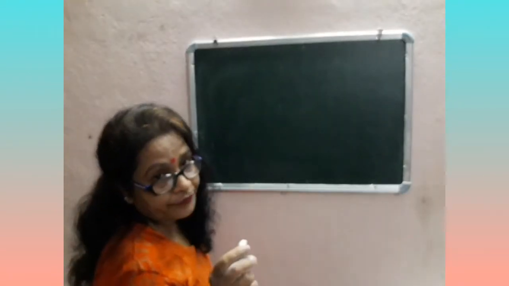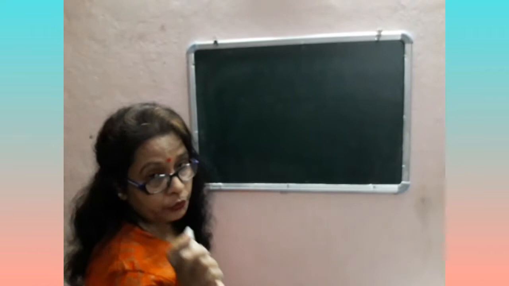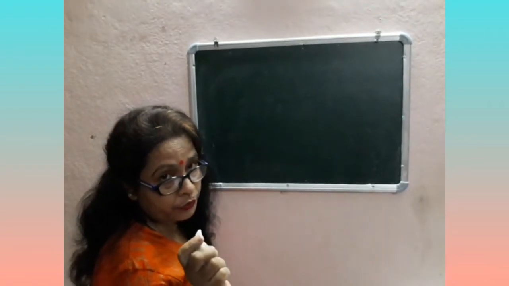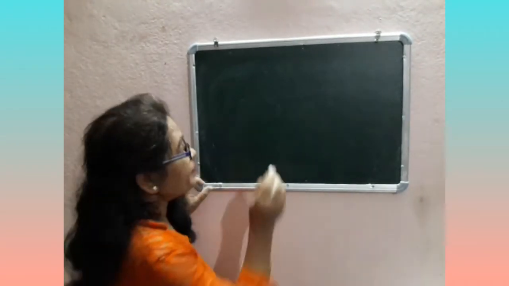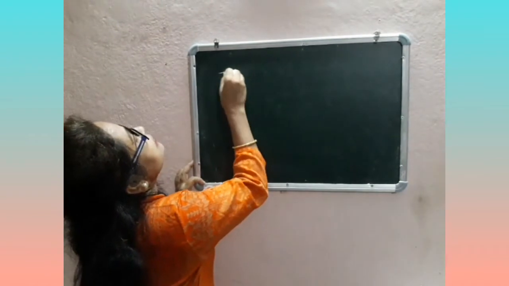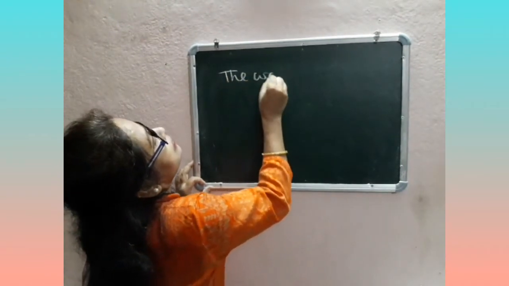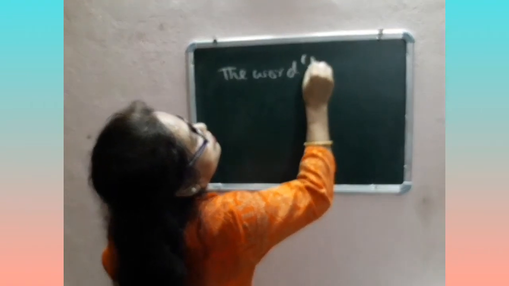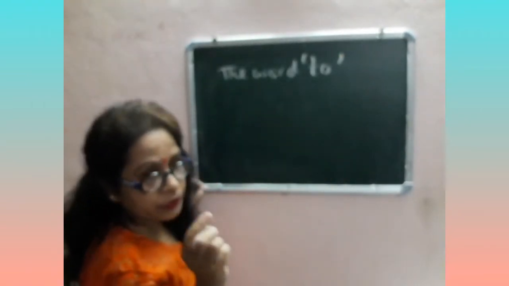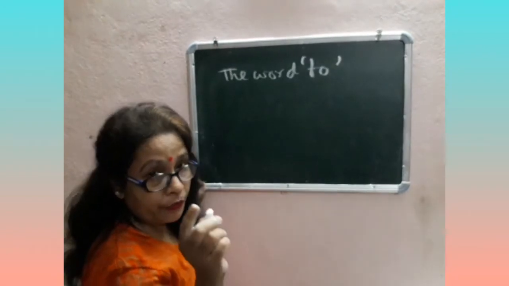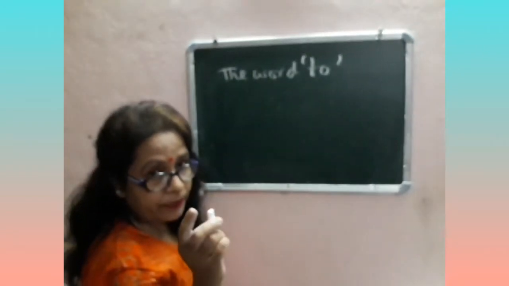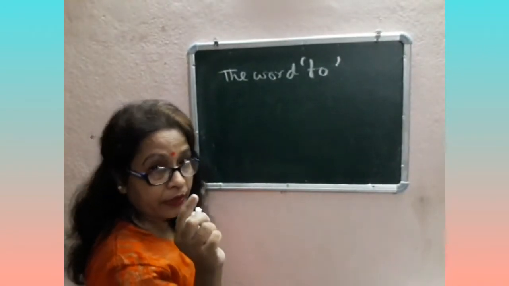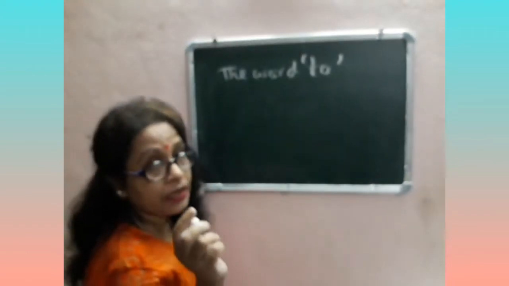In ratio, the word "to" is very important. The word "to" will decide which number will be the first term and which number will be the second term.